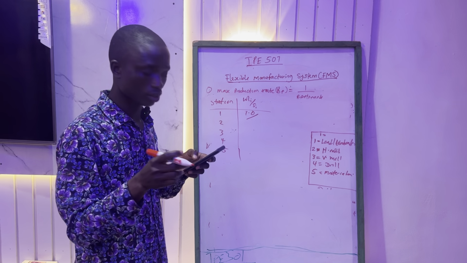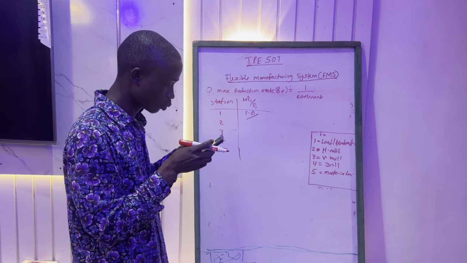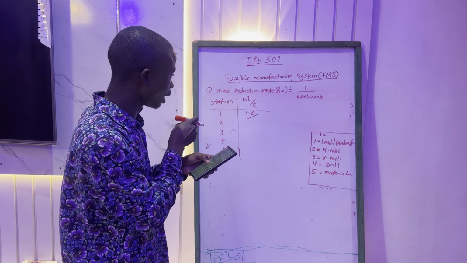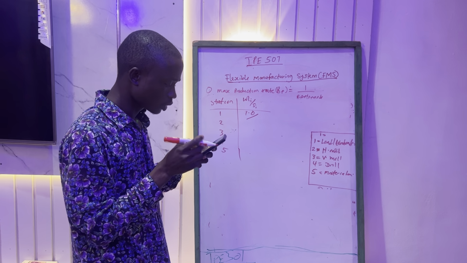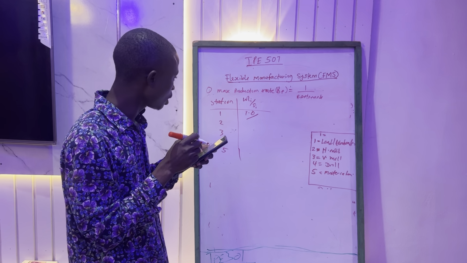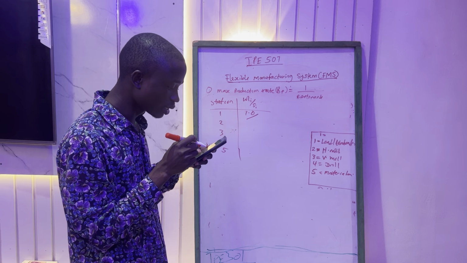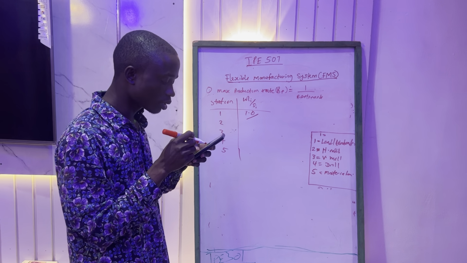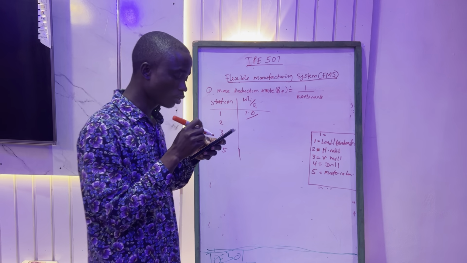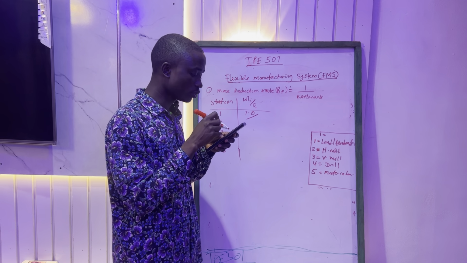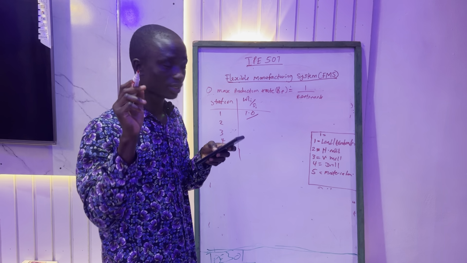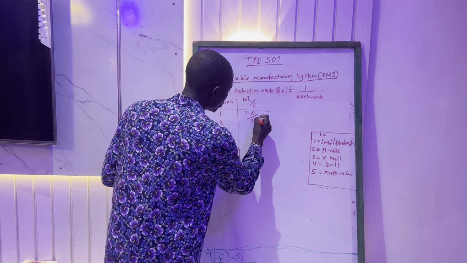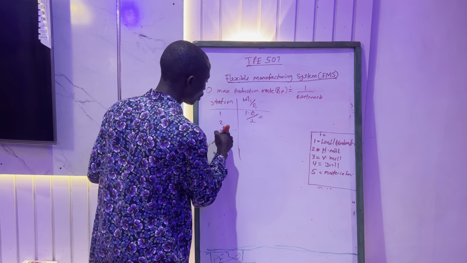That's why I neglected using SI in that particular formula earlier. The number of servers for load and unload has been given: station 1 loads and unloads parts using 2 servers. It means that it is divided by 2. We get the value here.